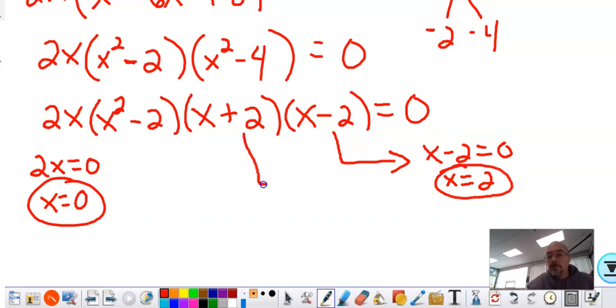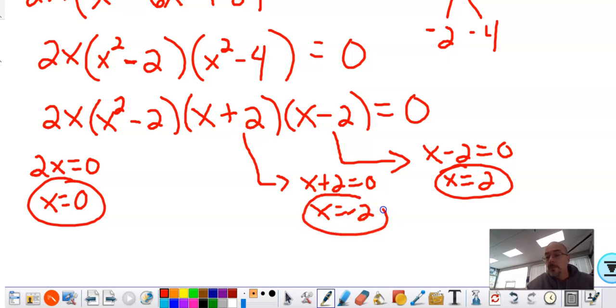Now this one. I take x plus 2, I set it equal to 0. What makes it equal 0? X equals negative 2. So there's 3 solutions. Now, this one. We take x squared minus 2, we set it equal to 0.